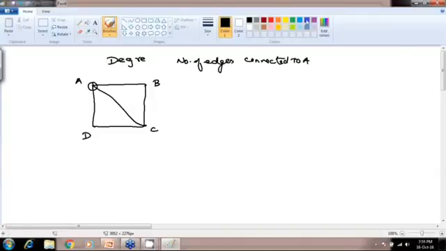So let's just take that example. Let's say that the postman decides to start from point B. So one option is he can go from B to C, and then from C to D, and then from D to A, and then either he has to go from A to B or he has to go from A to C. But if he takes A to C, then he cannot go through this path, because if he has to go that way, then he has to either go back this path or go through this path again, which is again a waste of time.